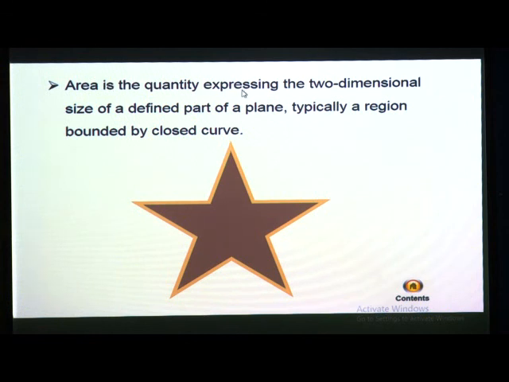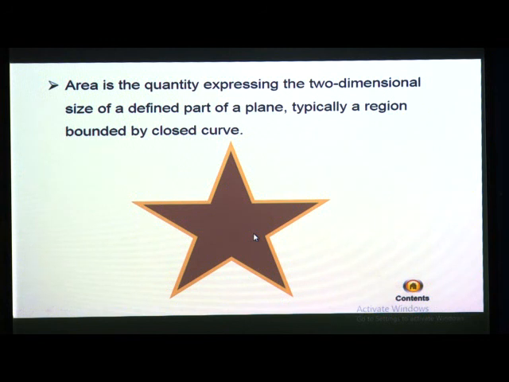Area is the quantity expressing the two-dimensional size of a defined part of a plane, typically a region bounded by a closed curve. This is a closed curve. It is the region bounded by the closed curve. The interior region which is bounded by the closed curve is called its area.